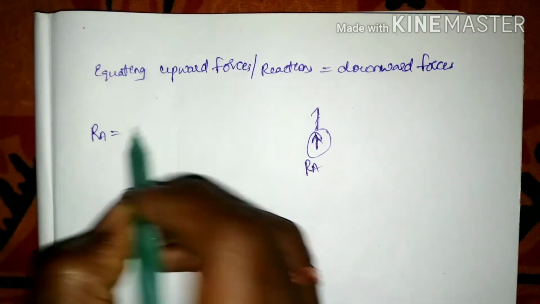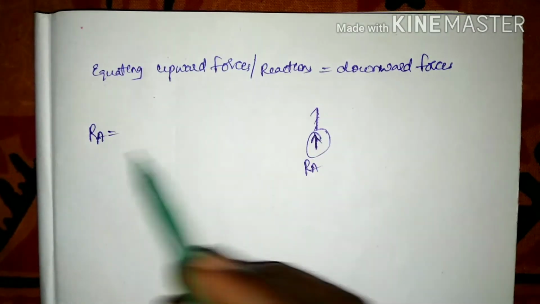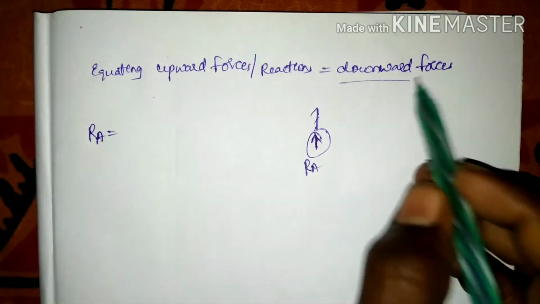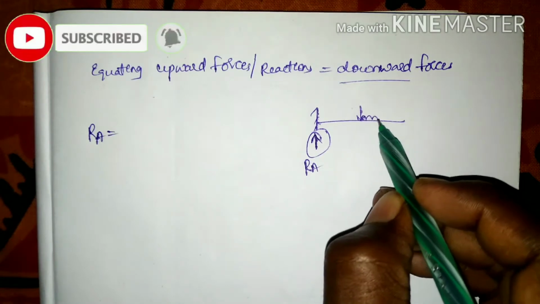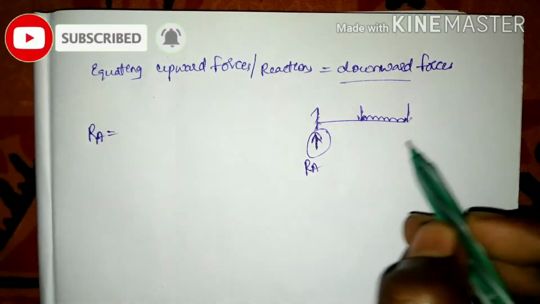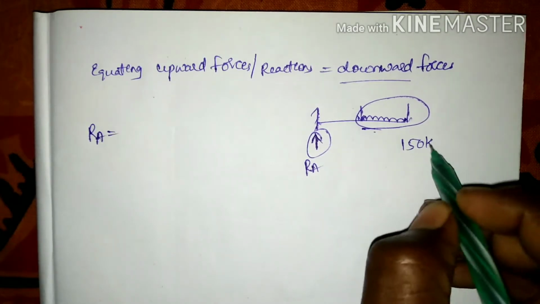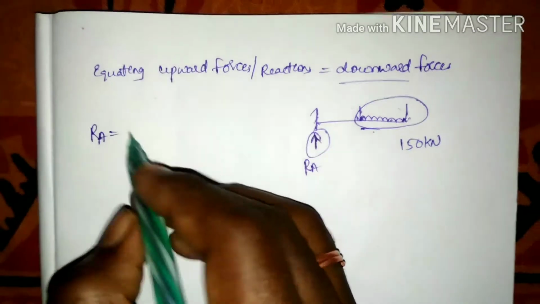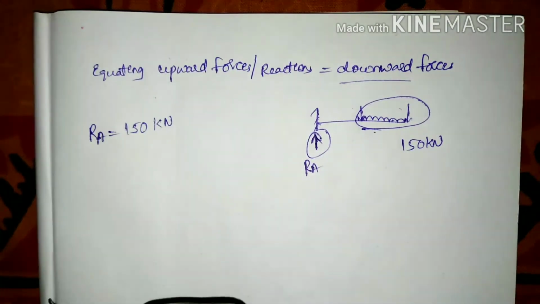RA is equal to the downward forces on beam, that is the point loads and the UDL. The total load on beam is 150 kilonewtons, so RA is equal to 150 kilonewtons.